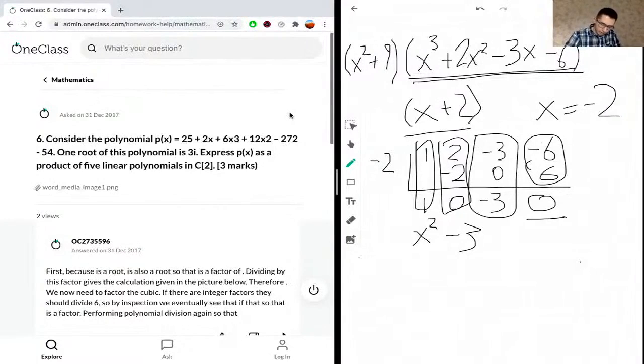So far, when we factored our equation, we have x squared plus 9, we have x plus 2, and we also have x squared minus 3, which is what we solved for right now.